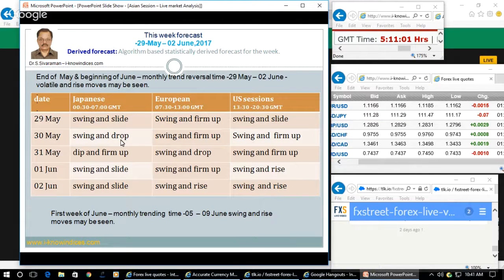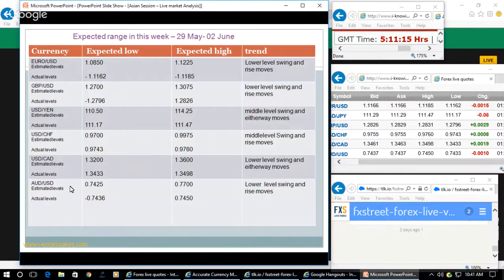Then you can fine tune the forecast using the market trading. In order to make sure that you are able to earn 100% profit in the trade, you have to go in for the market trading. Before going to the market reading, I am just going to explain to you the levels in which the currencies are expected to swing this week.